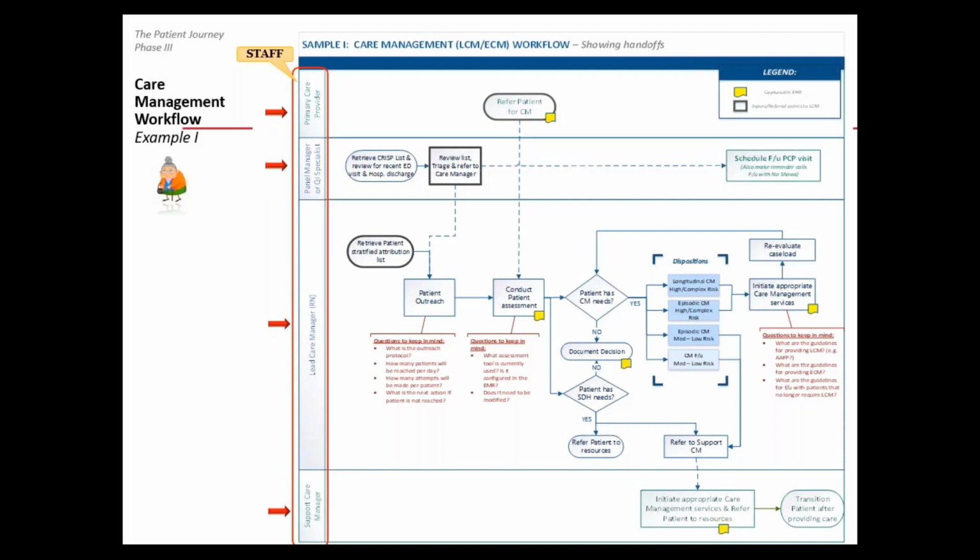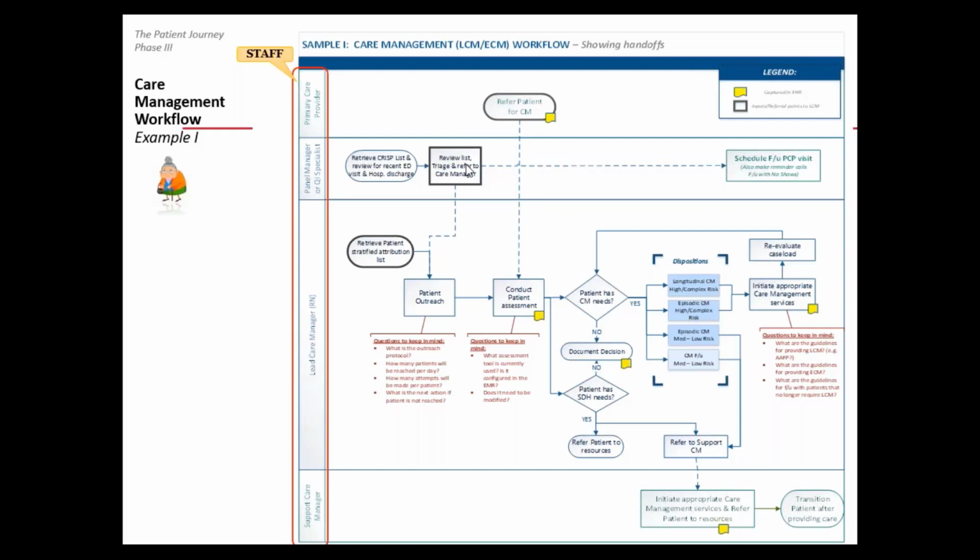The PCP can refer a patient directly to the lead care manager for longitudinal care management. And you can also have the panel manager, after triaging a patient who had an episode, either a recent ED visit or inpatient discharge, refer them to the lead care manager.